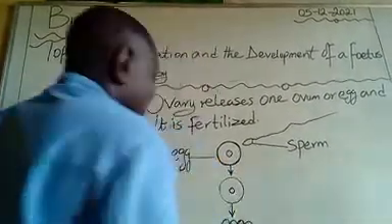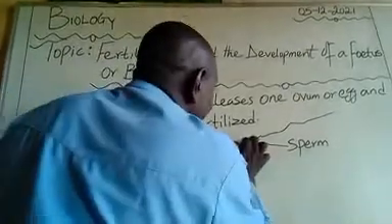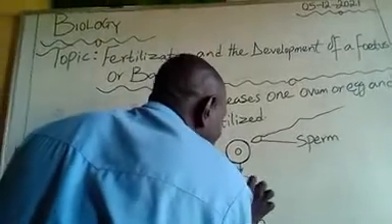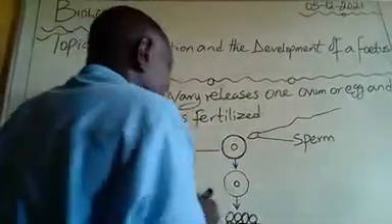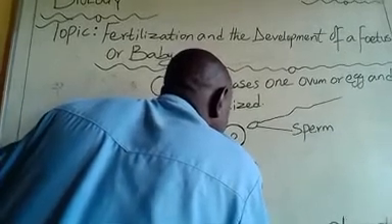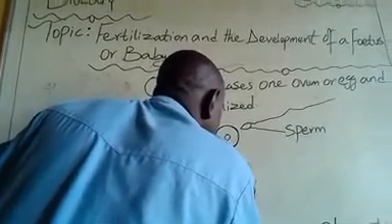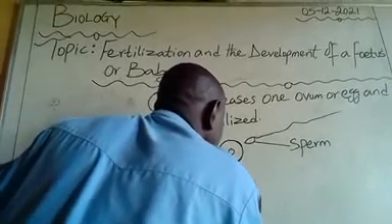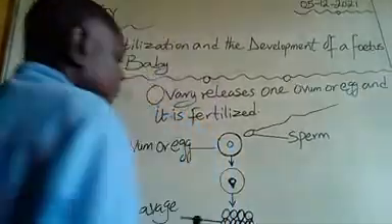Fertilization is going to take place here. This sperm is going to fertilize this ovum. As you can see, fertilization has already taken place here.